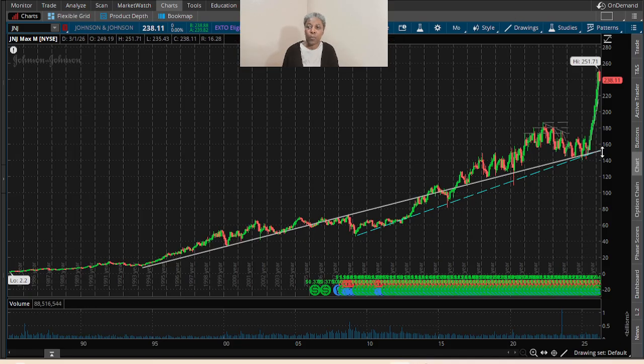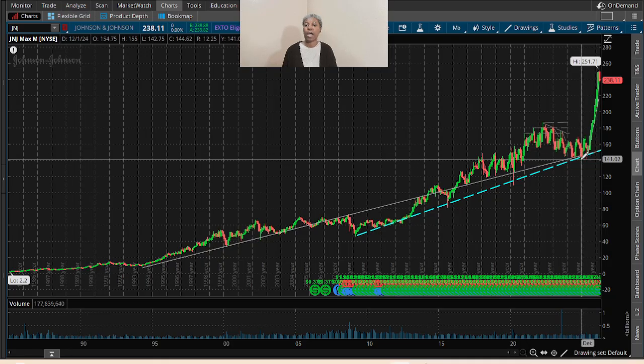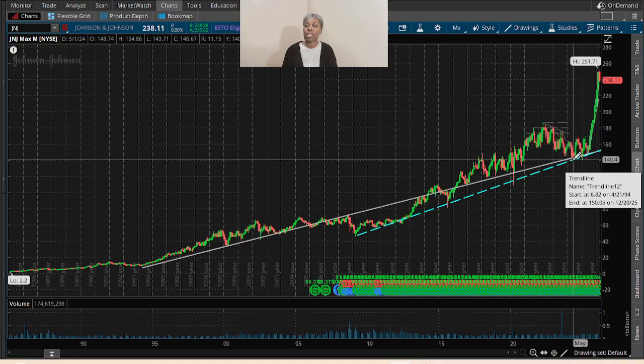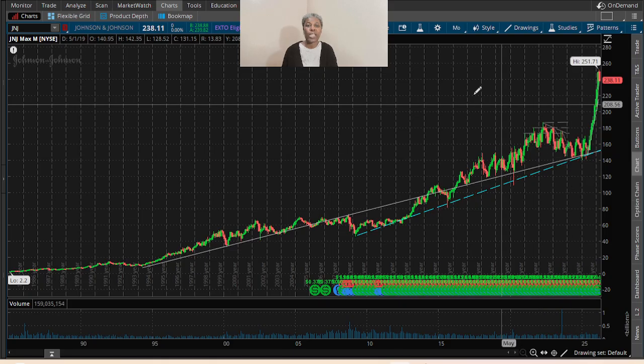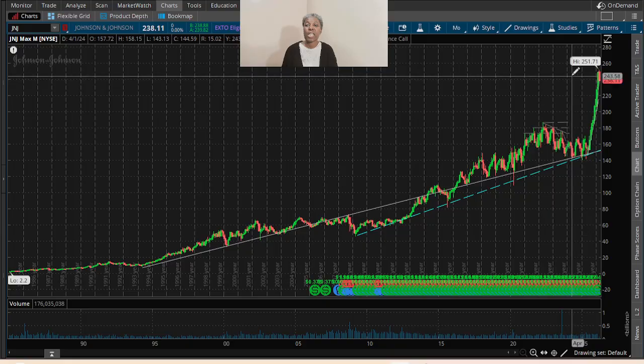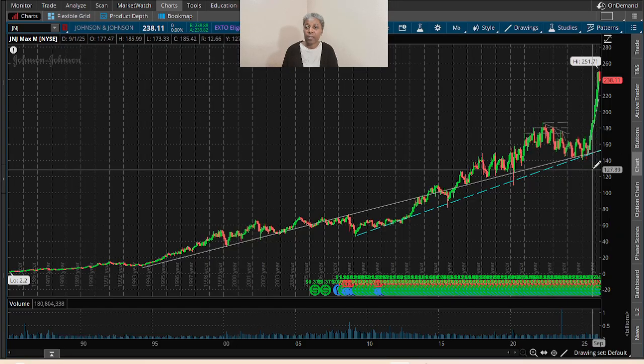JNJ is not the time for me to buy it yet. And when we are looking at it here, assuming you purchased it around the valley line when it touched the point at 140, right now it is 238. The highest price was like 251. So 140 to 251 is more than $100 profit there within a year.